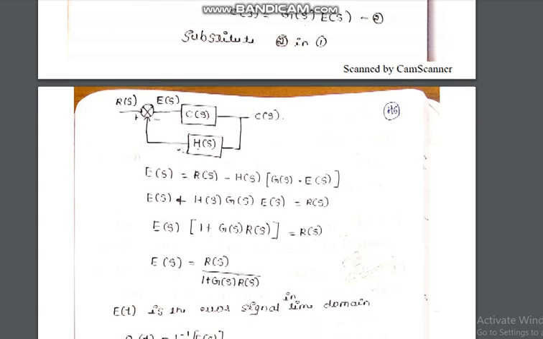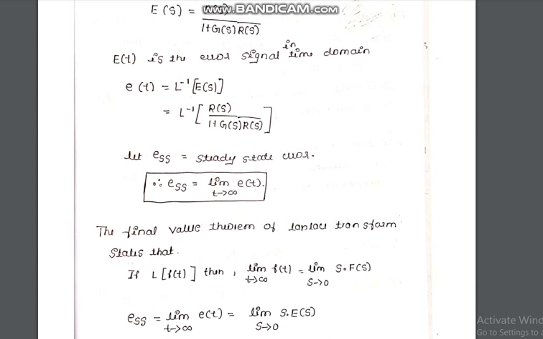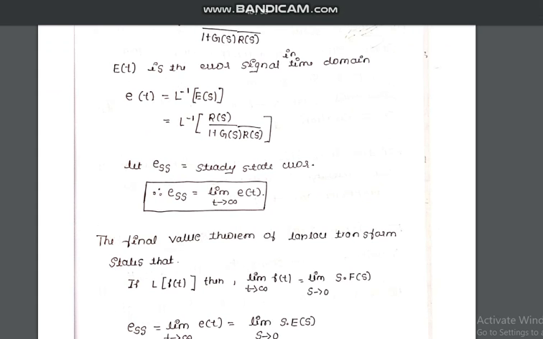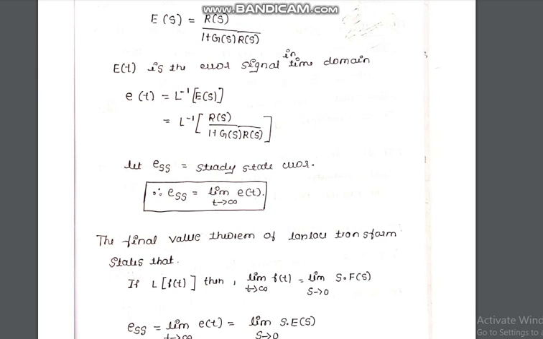How do we find the time domain signal from the frequency domain signal? We have to apply the inverse Laplace transform. Then E(t) is equal to the inverse Laplace transform of E(s), that is, the inverse Laplace transform of R(s) divided by 1 plus G(s) into H(s).